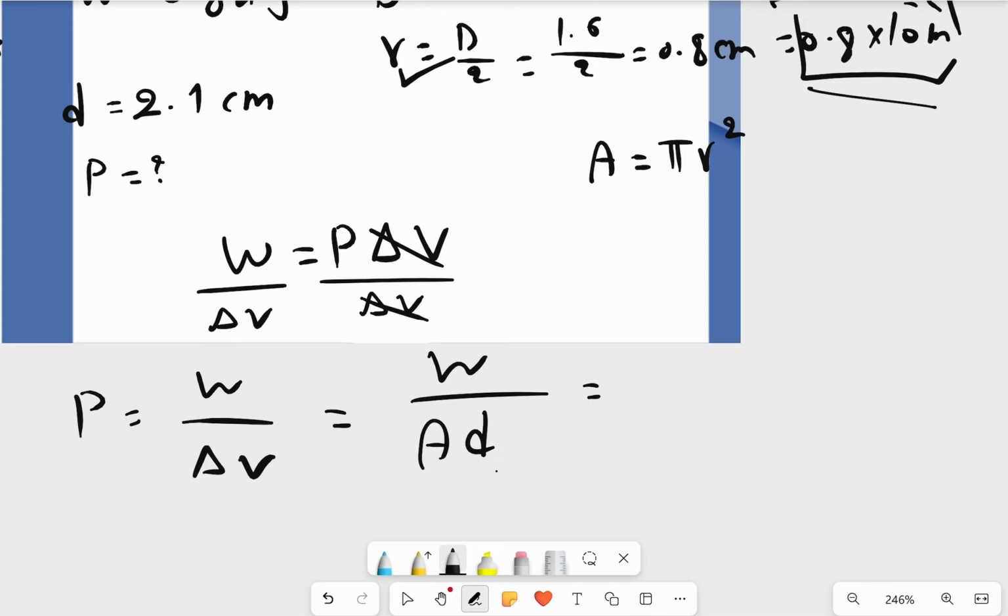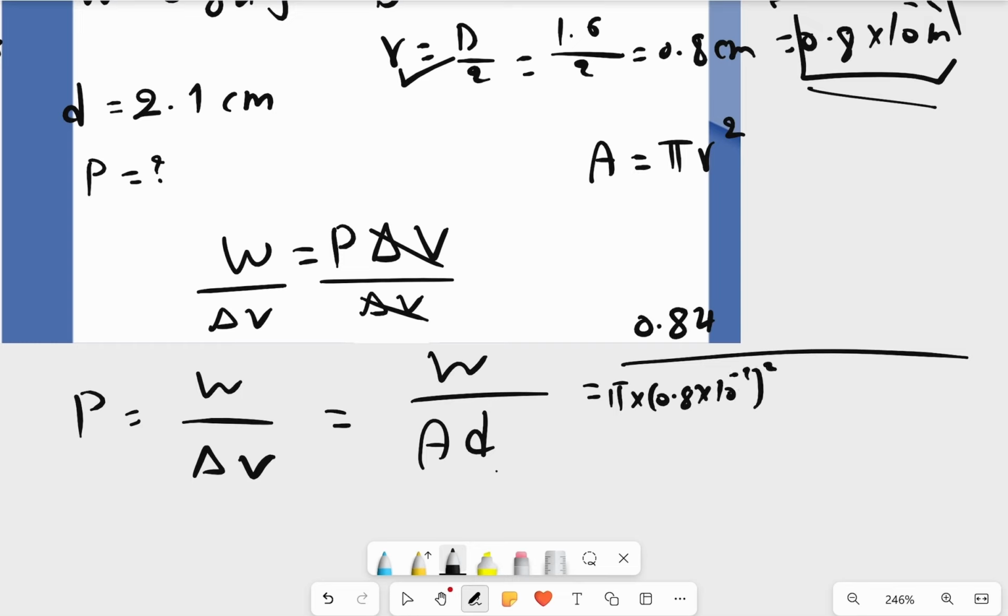So this is going to be 0.84, which is the work done by the piston, divided by area, which is going to be pi multiplied by 0.8 times 10 to the power of minus 2.